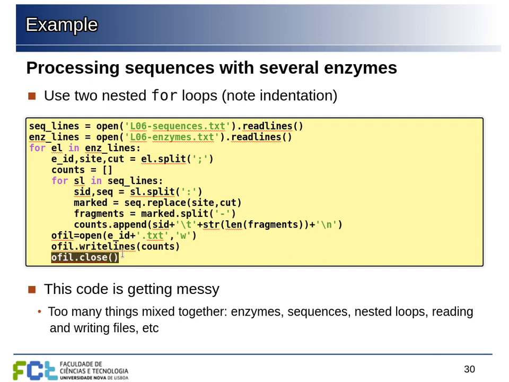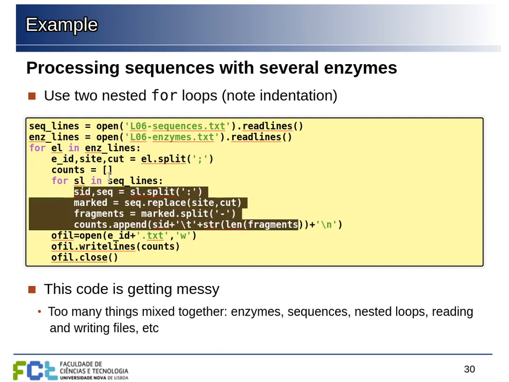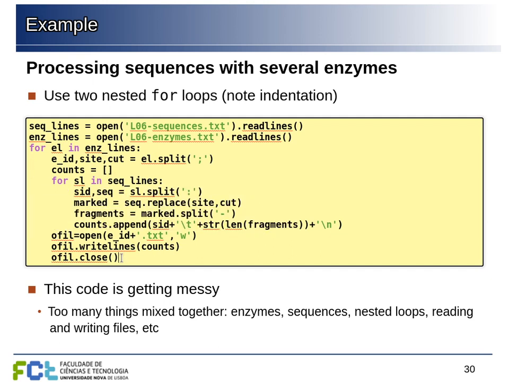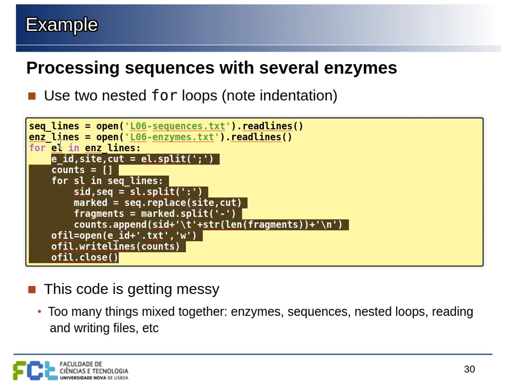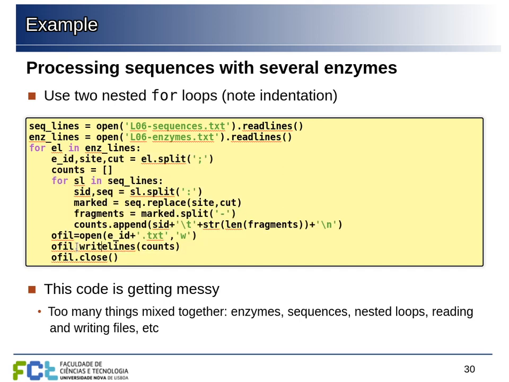And then we close the file. So note the indentation here. This block is done for each sequence. This whole thing is done for each enzyme. And so we are creating a file for each enzyme where we write all the counts for all the digestions.